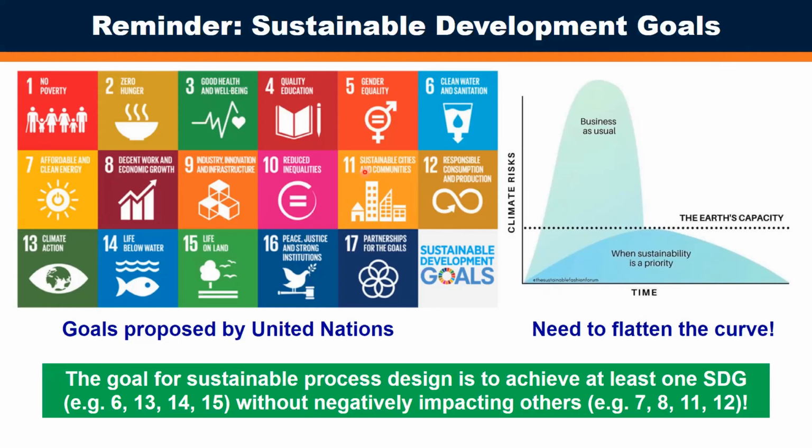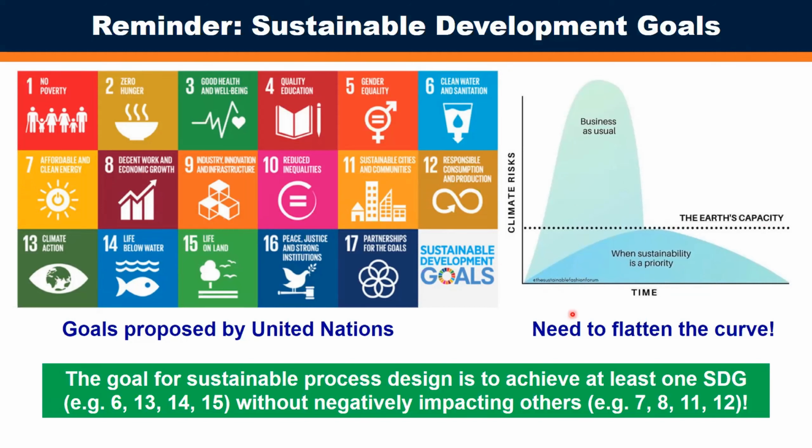And the ones that apply typically to our field are number 6, clean water. Number 7, affordable and clean energy. Let's see, what else we got? Climate, aquatic life, and terrestrial life. Those are the ones that we want to help improve.